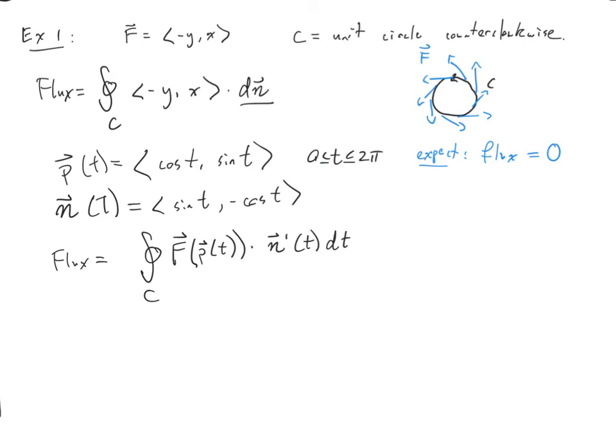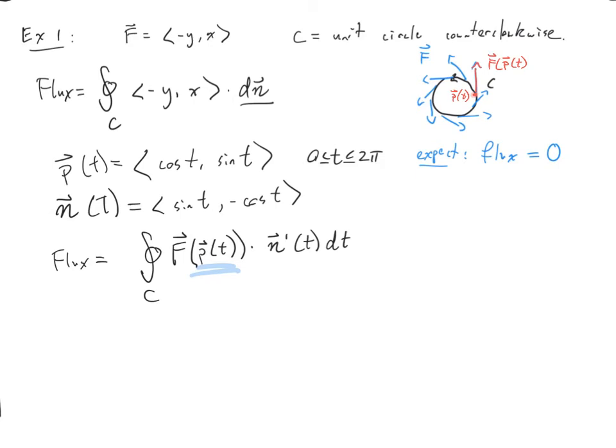So this is maybe a little subtle, but you're plugging p in to F because I want F's value at p. So if this is my point p, I want F of p of t, if that's where I am at time t.